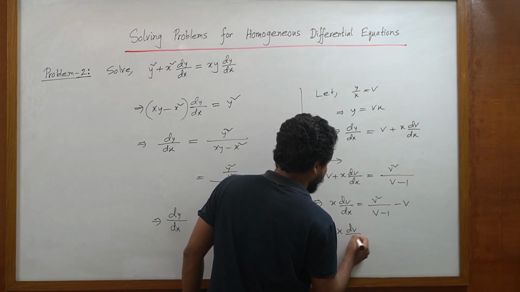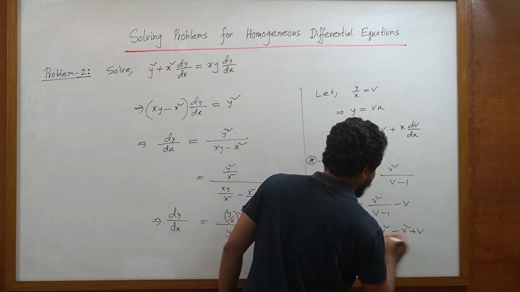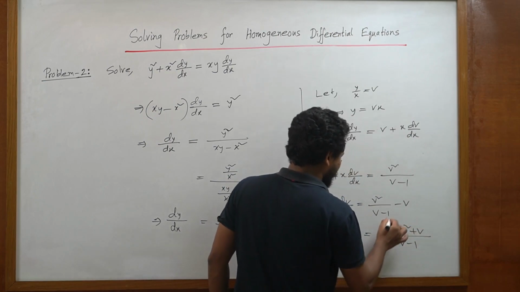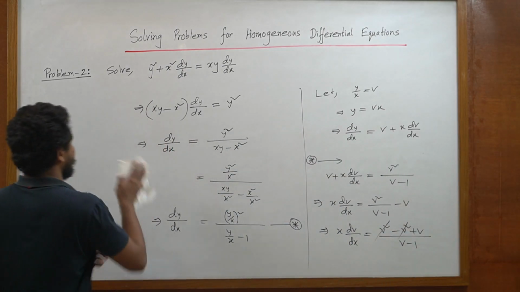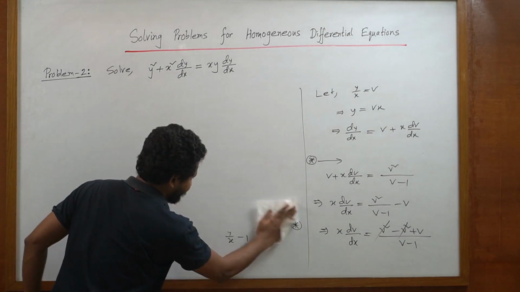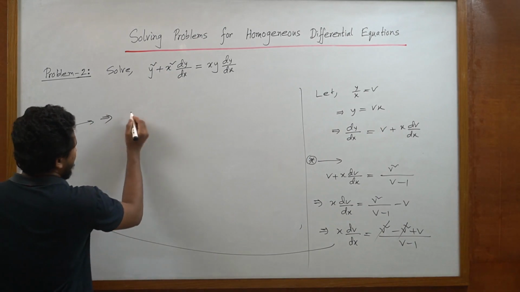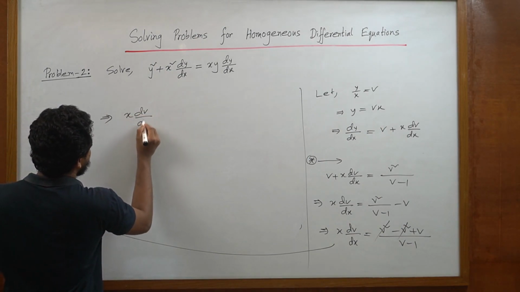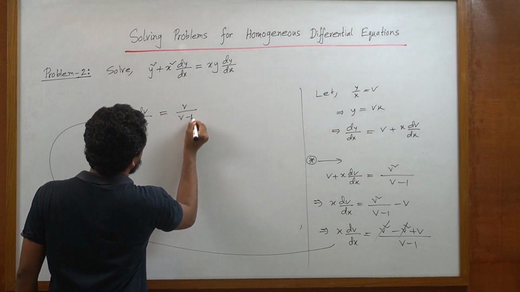So x dv dx equals v square minus v square plus v by v minus 1. V square will be removed. Now we get x dv dx equals v by v minus 1.